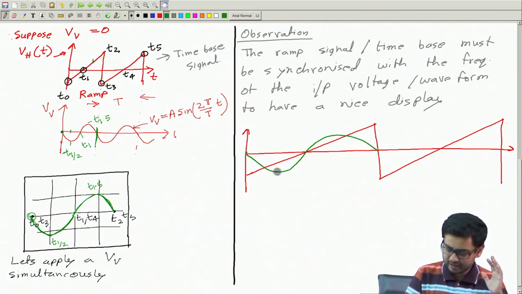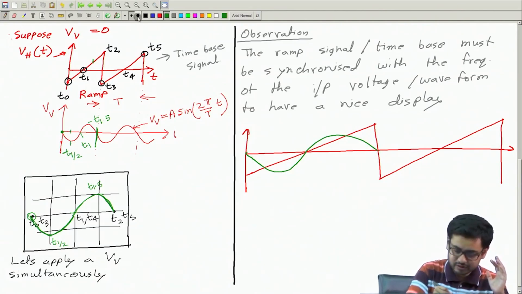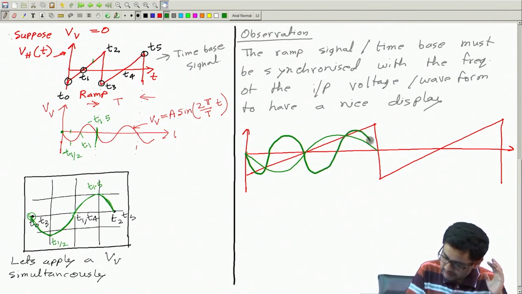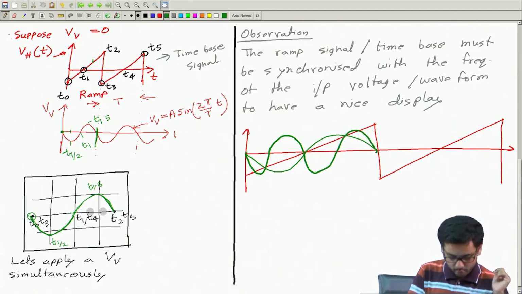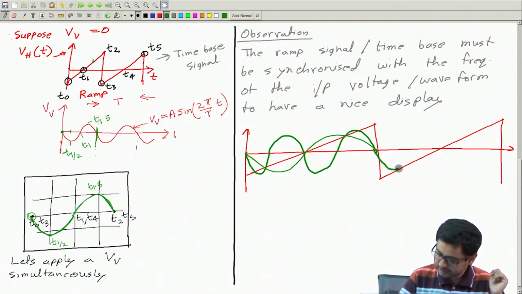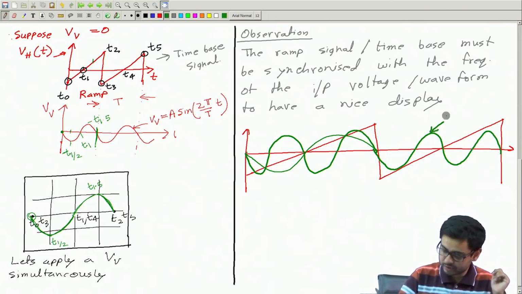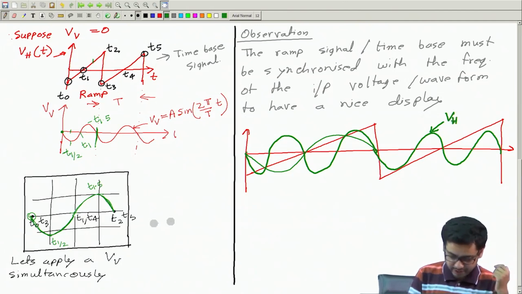But if instead of this I have another sine wave signal which completes two complete cycles within this period, then how will my display be? I request you to just give a thought to this. If this is my input signal which is applied to the vertical plate, then the display will of course be like this.